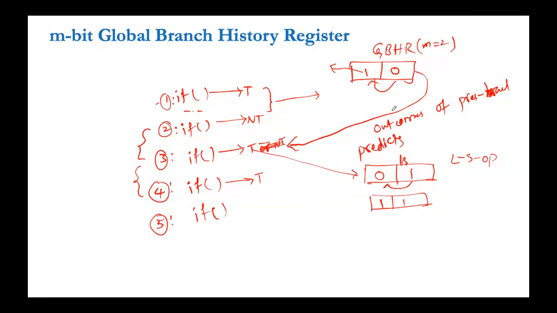So what to remember? If it is 2-bit, only the previous two branches will be considered, and their history, whether they are taken or not taken, will be read from this register.